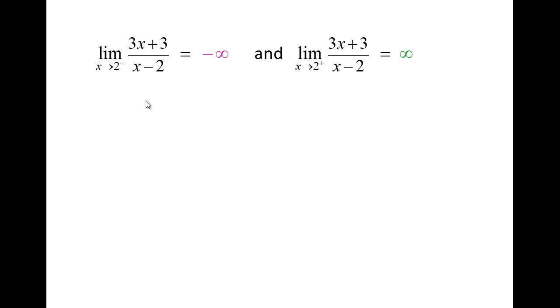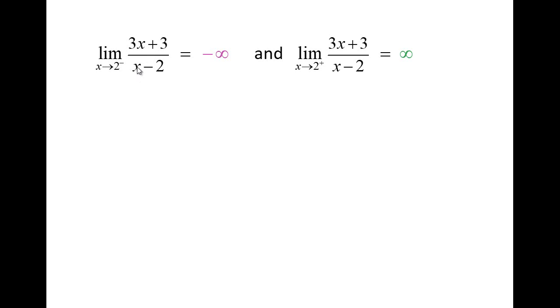On the other hand, to say that this limit is negative infinity means that the value of this function can be made as large and negative as desired simply by choosing x close enough to 2 on the left side of 2.